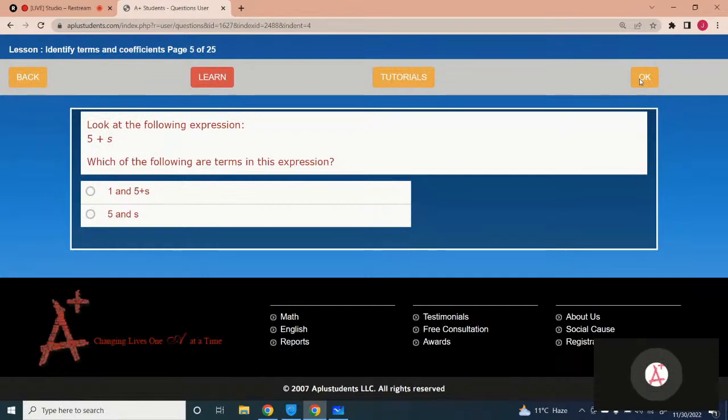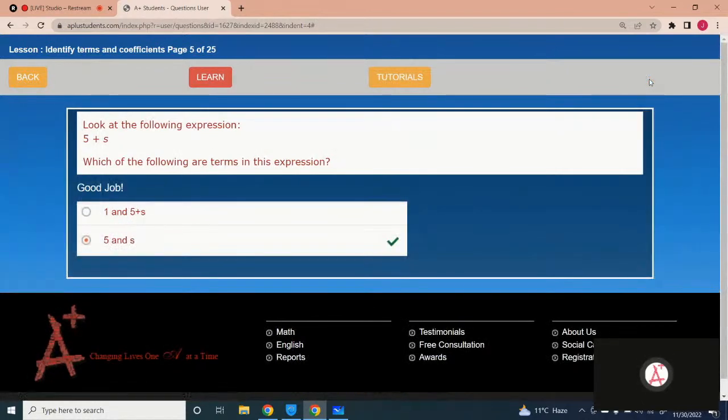It would be the second one. Got it? Because you don't have one in the following expression. Okay, just select the correct option and then click on the OK button. The second one, 5 and s are the terms in the expression. You don't have one in the expression.